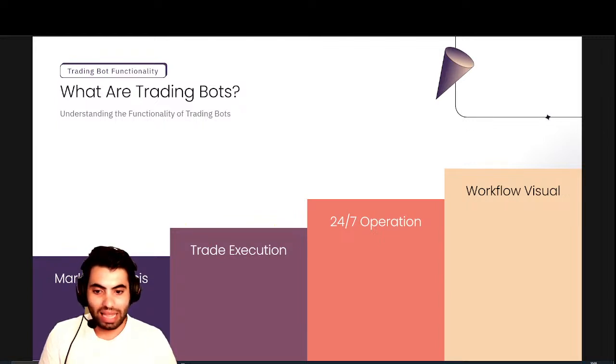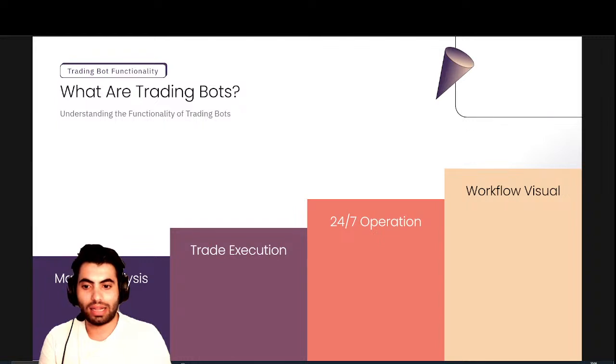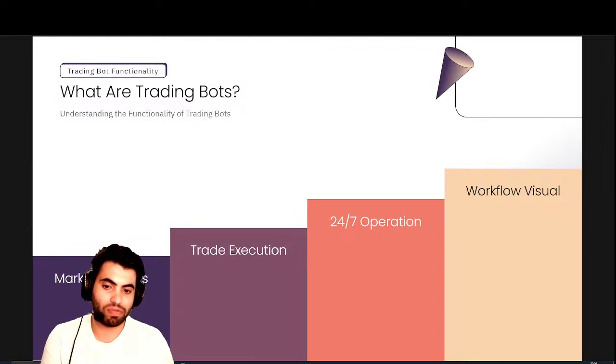If you are not a professional coder, you're going to have a mistake in your code, and sometimes the market doesn't play in your favor, and when you have a bug in your code you suddenly lose money. So be cautious about bots if you are developing them yourself.